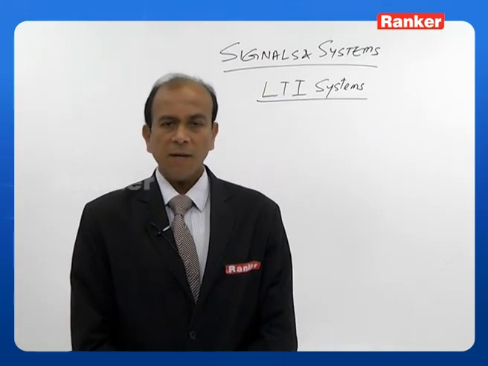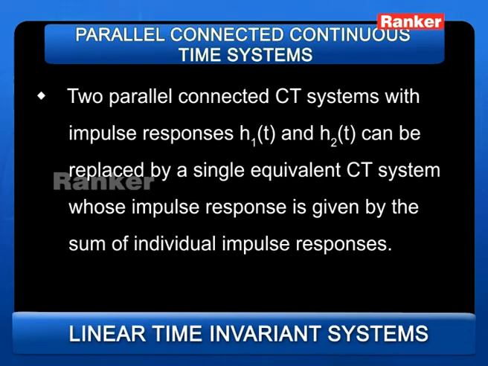Now let us look at parallel connected continuous time systems. So what does this say? Two parallel connected continuous time systems with impulse responses h1 of t and h2 of t can be replaced by a single equivalent continuous time system whose impulse response is given by the sum of the individual impulse responses.